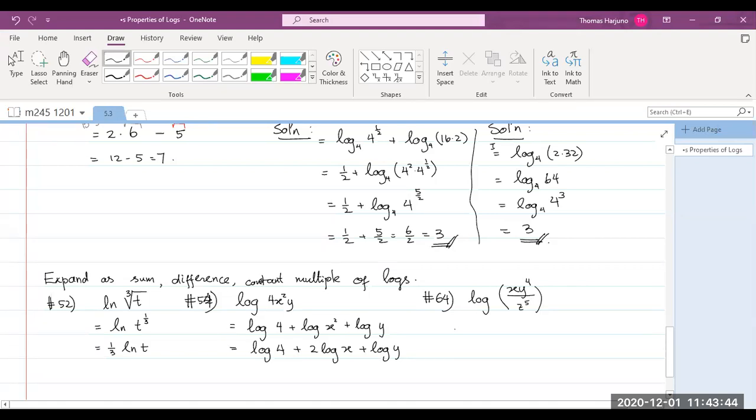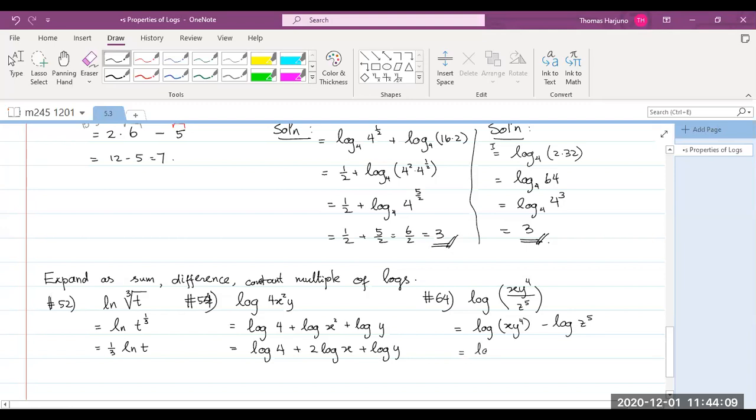I will use property number 2 first. This is log of the numerator minus log of the denominator. That's property number 2. And then I apply property number 1 to the first term.